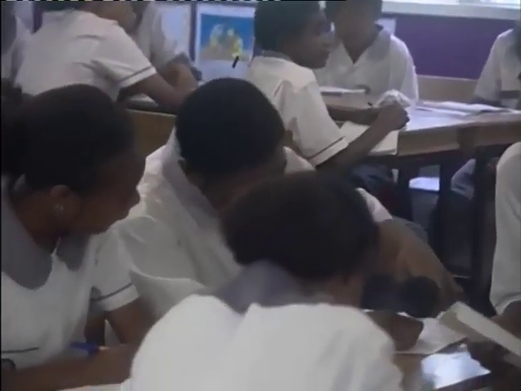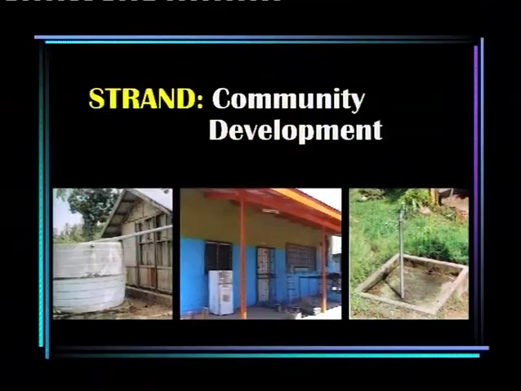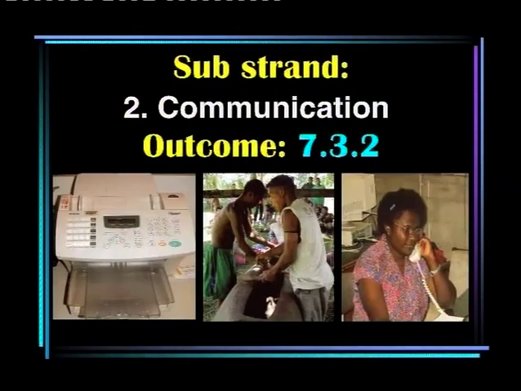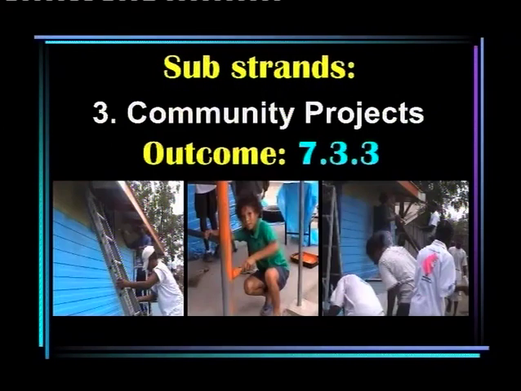The strand is community development, and the three sub-strands are knowing communities, communication, and community projects. Good, thank you. So we have the strand, community development, and the sub-strands: communication, knowing communities, and community projects.